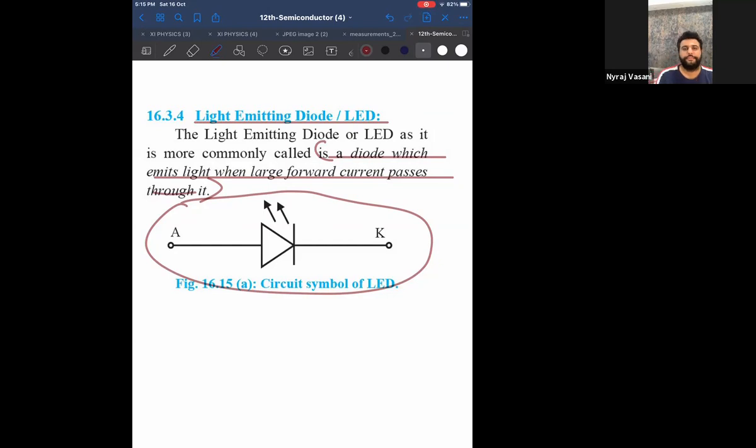Okay, finish writing. Now I'll tell you what is the principle of LED.